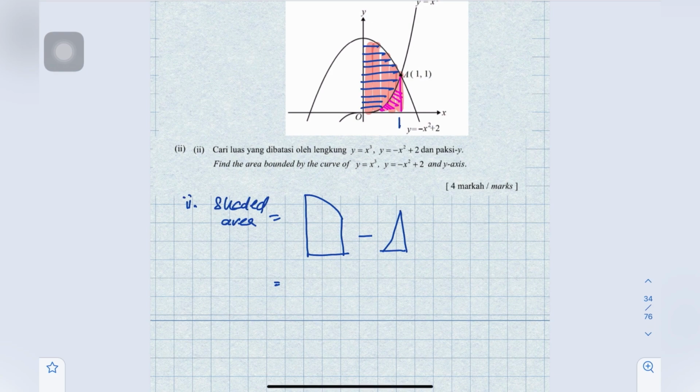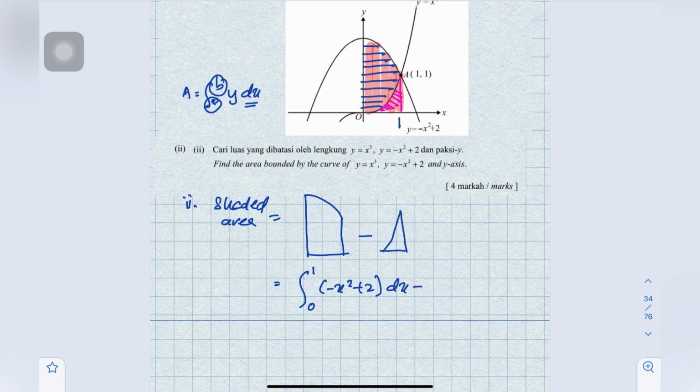Okay, so then values of x. So we need to use formula of area, integral from A to B of y dx. Okay, so dx, so A and B are values of x. Okay, so for the first one ni, kita yang besar ni, so the lower limit is 0, upper limit is 1. Okay, y. Y is negative x squared plus 2 dx.